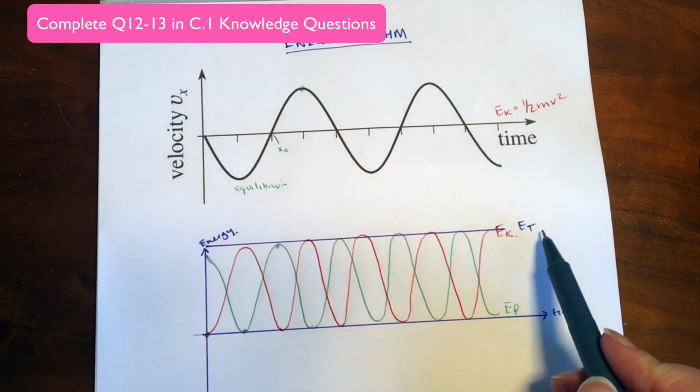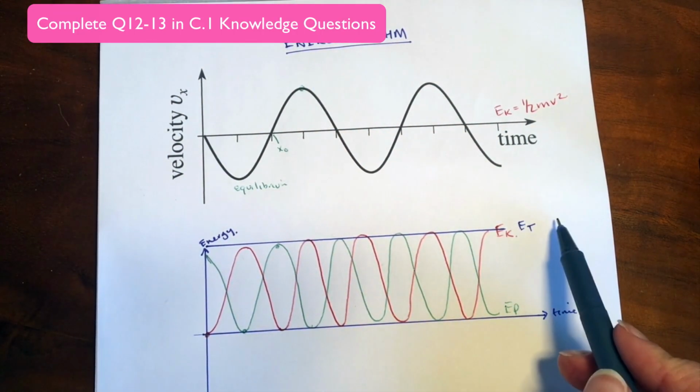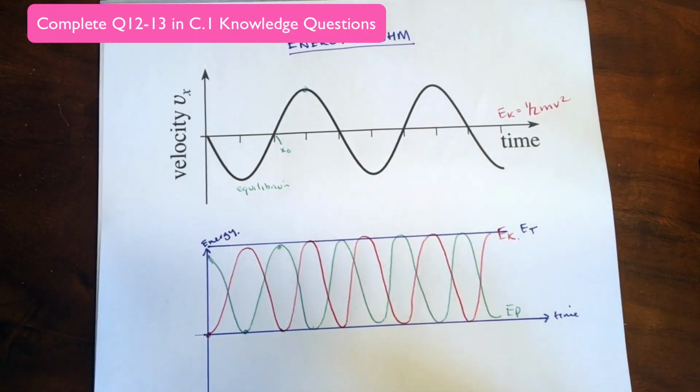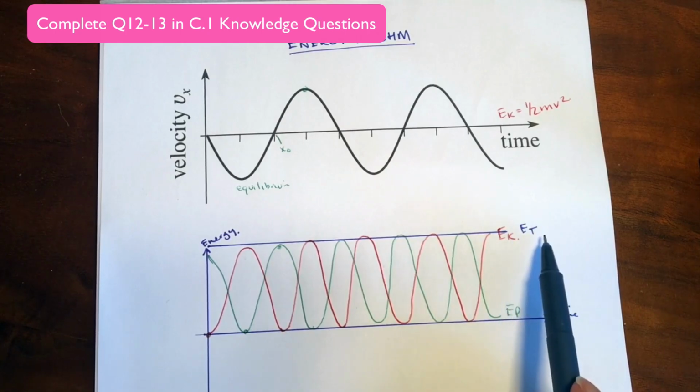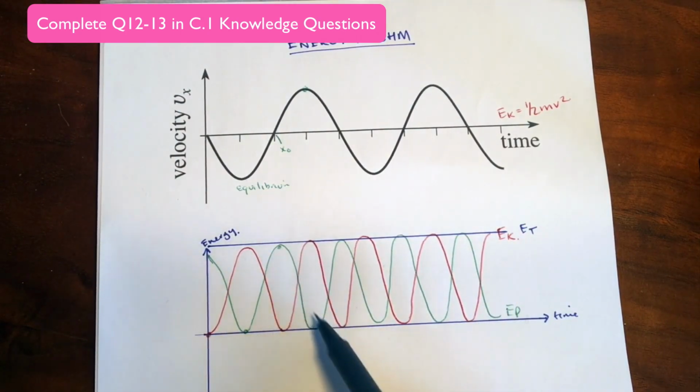And that tells us that the total energy of the system does not change. That makes sense because we talk about the conservation of energy: energy cannot be destroyed or created, only transferred into another form. So it makes total sense that the total energy of the system doesn't change. But underneath, we have a constant exchange of kinetic energy and potential energy.